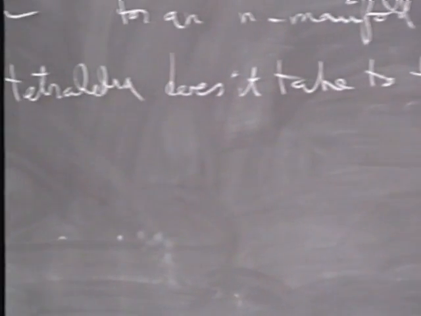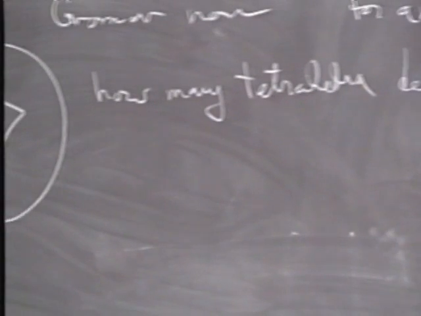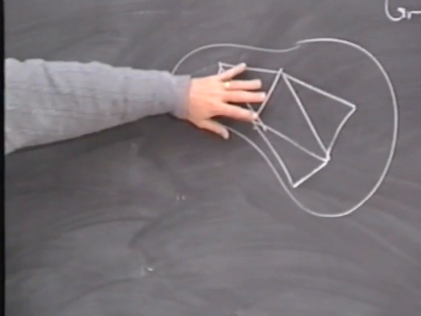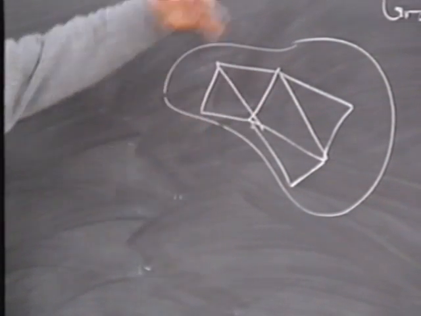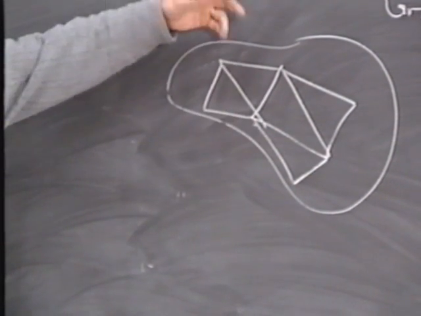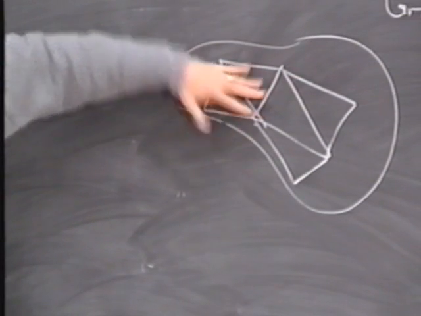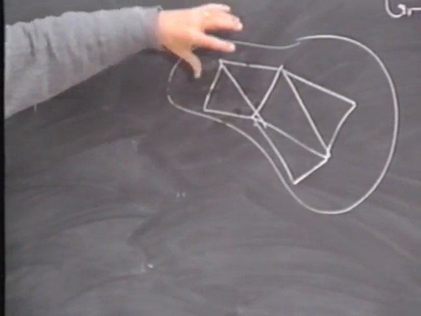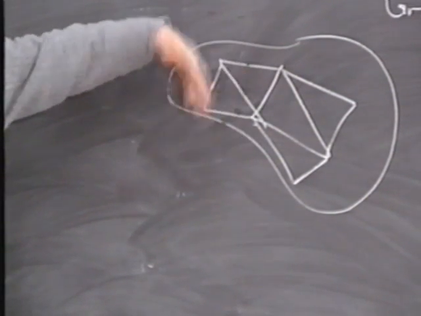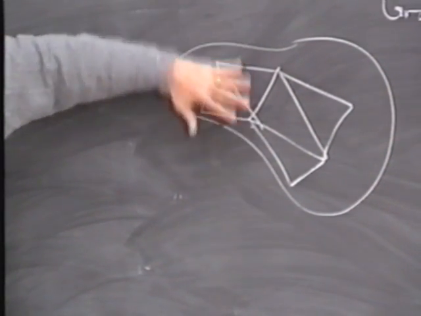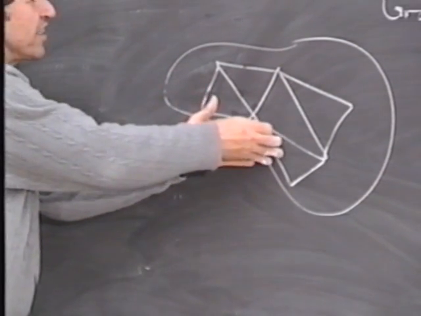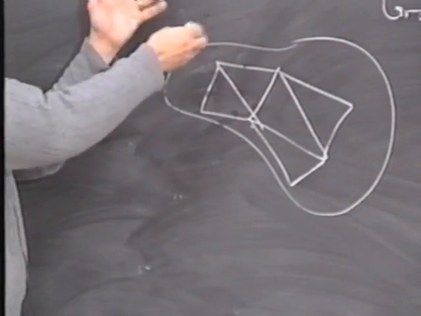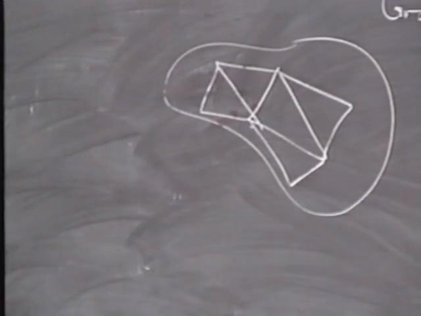This gives one kind of invariant, but it is not very nicely behaved under finite sheeted covers. If you take a k sheeted cover, you can certainly triangulate it with k times as many tetrahedra, given a triangulation downstairs you can lift it up here, but there might be simpler triangulations upstairs that don't come from anything downstairs.